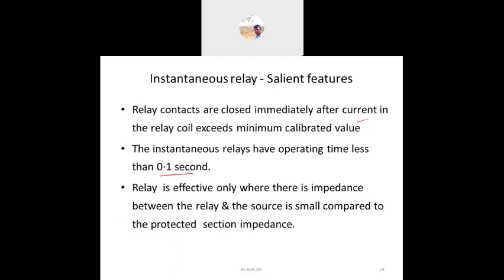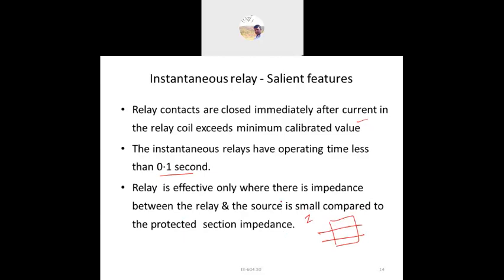So, if the protected zone is, say, the bus bar zone, the impedance between the relay and the source should be small compared to the protected section impedance, and only then will it be effective.